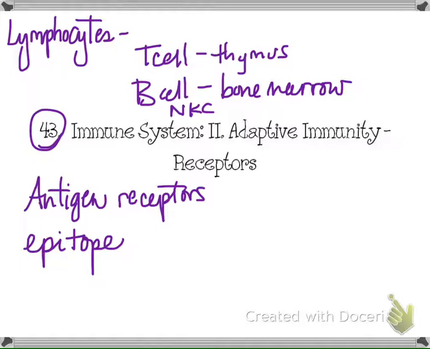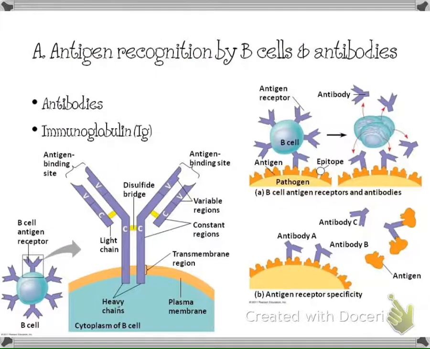B and T cells have receptor proteins that combine to form molecules, and each individual lymphocyte is specialized to recognize a specific type of molecule. Each B cell antigen receptor is this Y-shaped molecule.